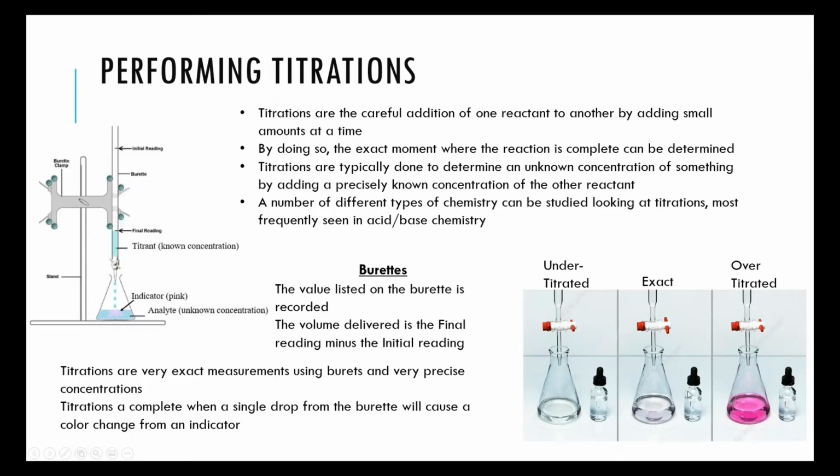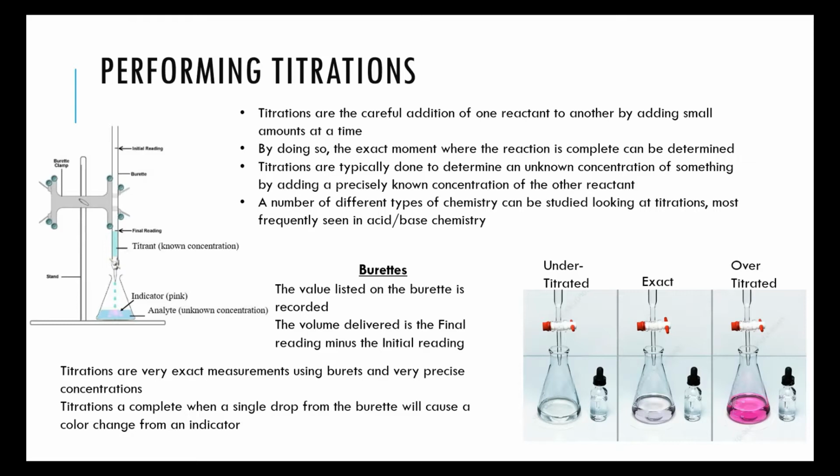So once you reach this exact endpoint, you can then stop the burette and look at what is that final reading. The volume that was delivered is the final reading of the burette minus that initial reading. While it is very easy when the initial reading is exactly 0, it doesn't always have to start at 0.